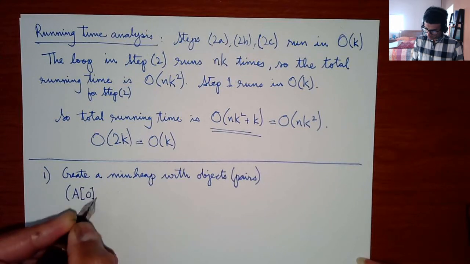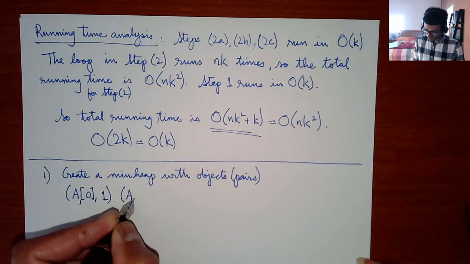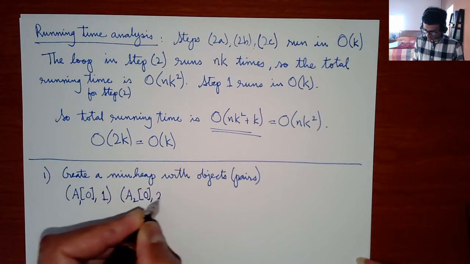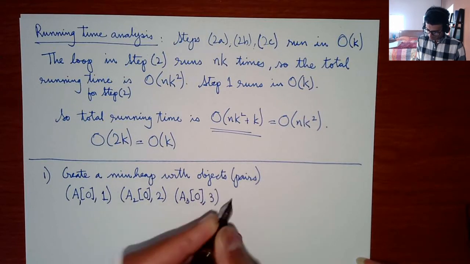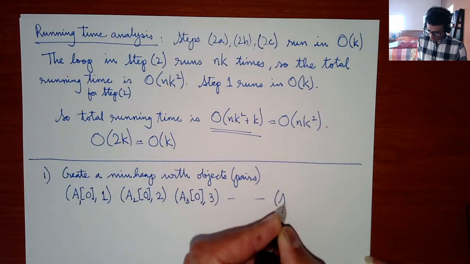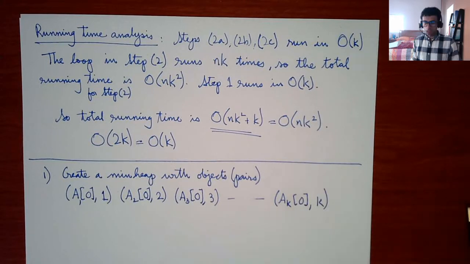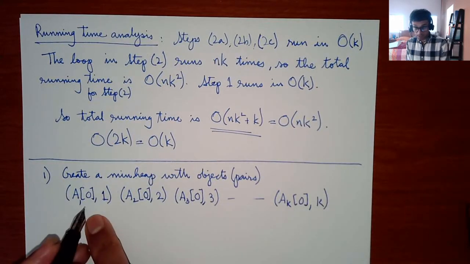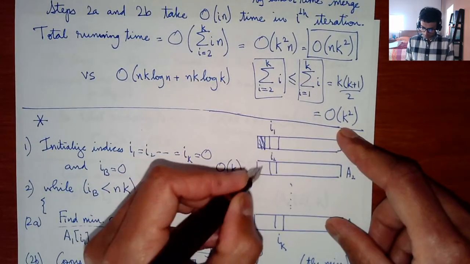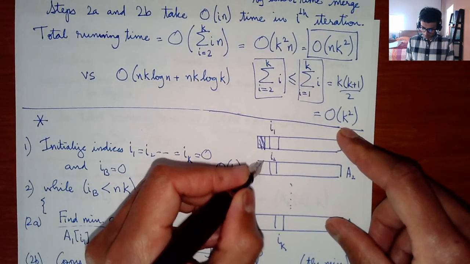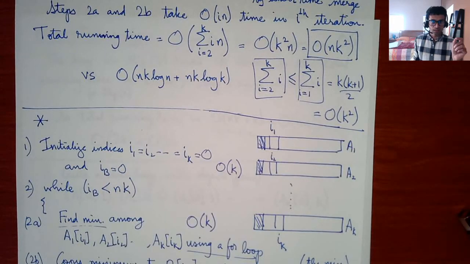A of 0, A1 of 0, 1, A2 of 0, 2, A3 of 0, 3, so on and so forth, AK of 0, K. I'm going to put pairs where I take the first element of each array, but I also tack on the index of the array that it is from.